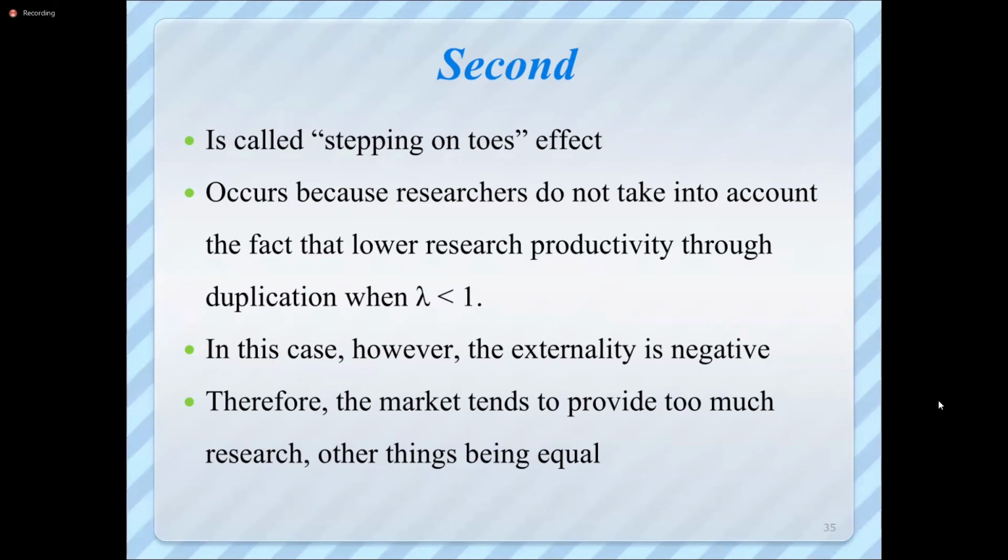So what do we call it? We call this stepping on toes. In this case, the externality is negative. Standing on shoulders is not so bad. You are adding on to research that already exists. But this one, everyone is doing the same research. Therefore, the market tends to provide too much research, other things being equal.